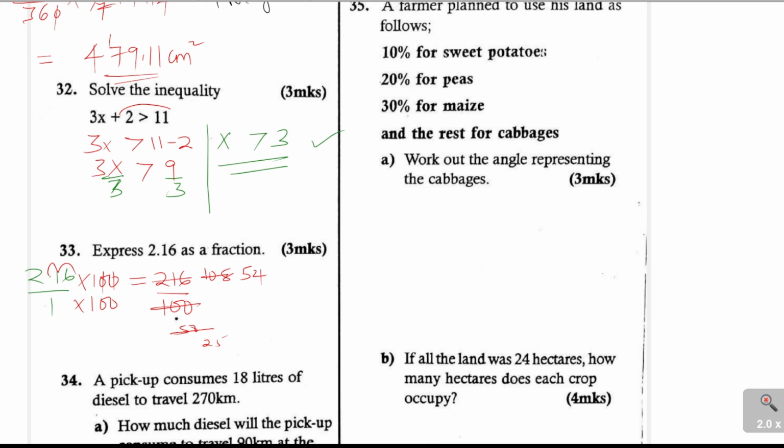You cannot simplify that any further, so you can leave it like that. So this will be 54 divided by 25 as a fraction. Because it is not specified which kind of fraction, you can decide to write it as an improper fraction or as a mixed fraction, 2 and 4/5, as well.